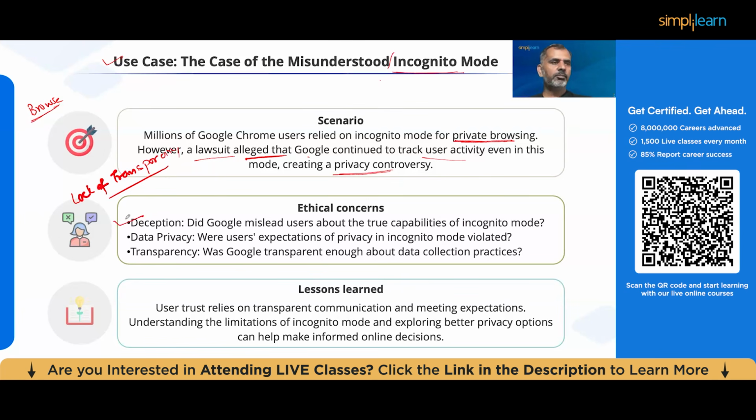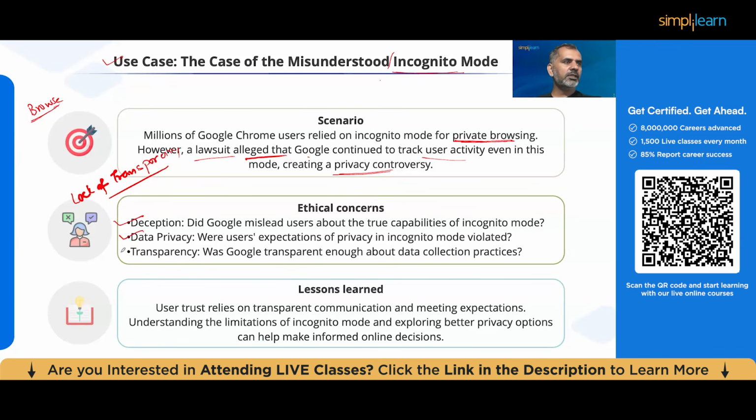Google has not made its users very aware that even in incognito mode, some pieces of information are collected and some user activities are tracked. That is what we call deception. Now, data privacy: the users were expecting that their information is completely private in incognito mode, but it was violated because Google was tracking the user activities.